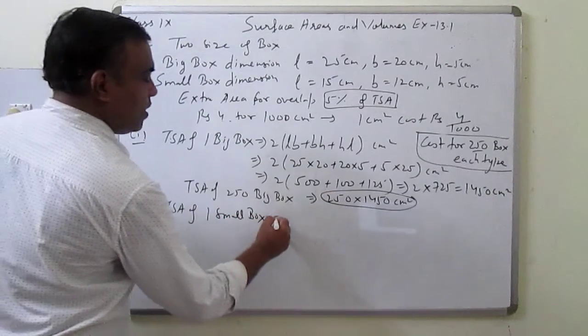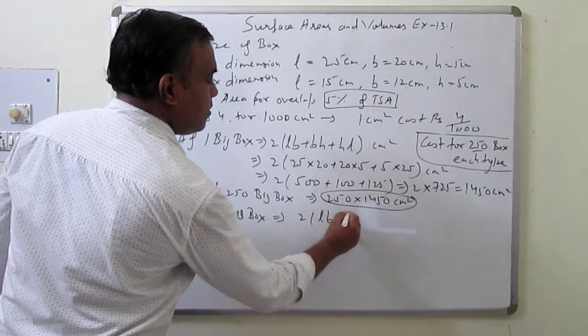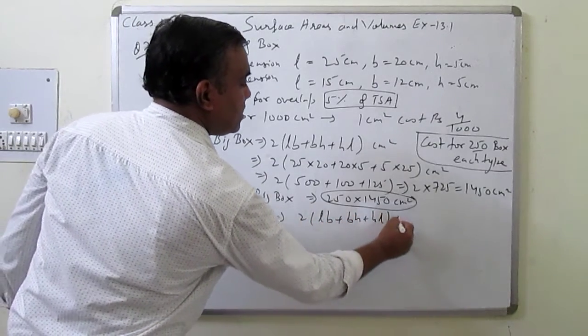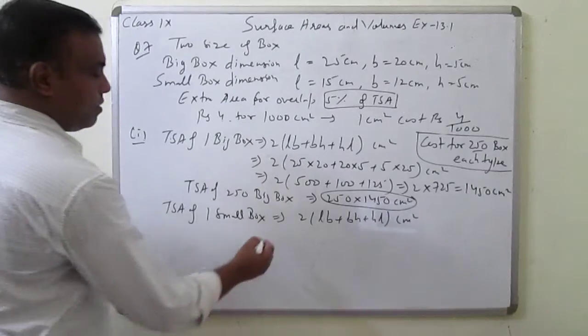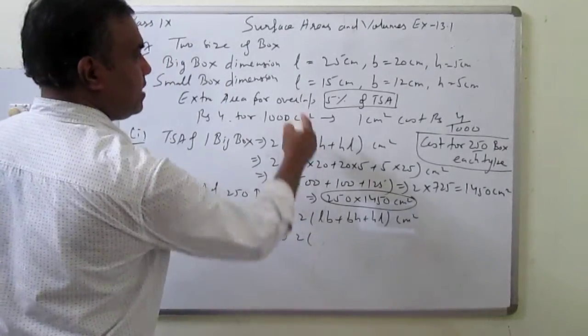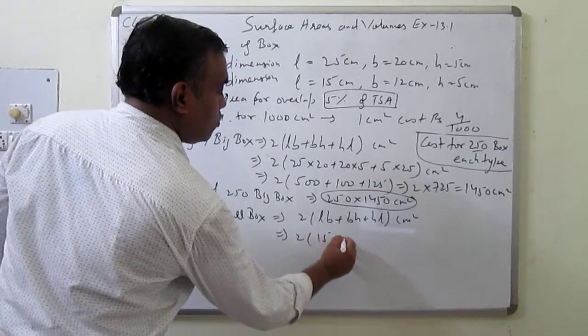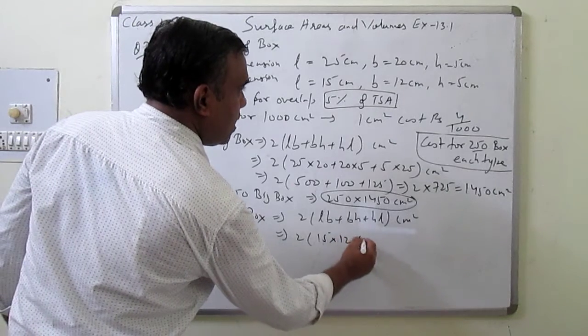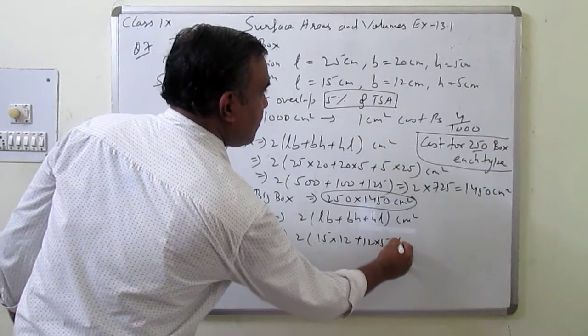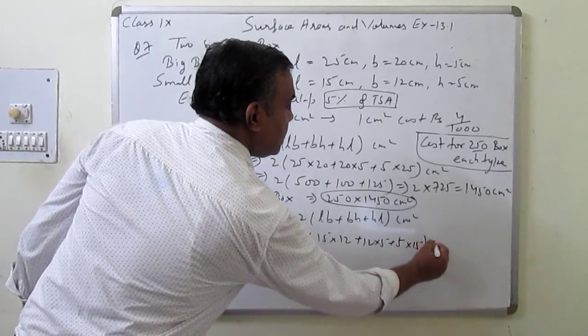Now second, we find the TSA of one small box. So what is the formula? 2 bracket LB plus BH plus HL centimeter square. Now 15 into 12 plus 12 into 5 plus 5 into 15 centimeter square.